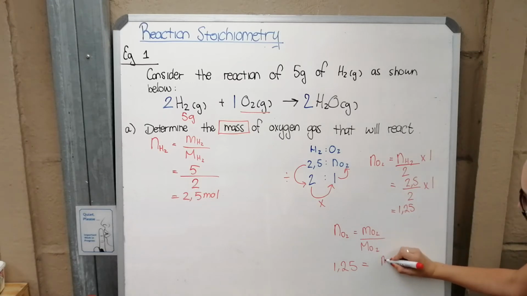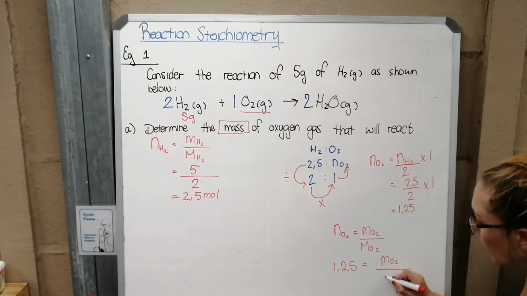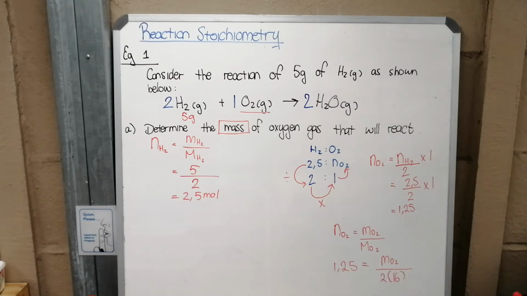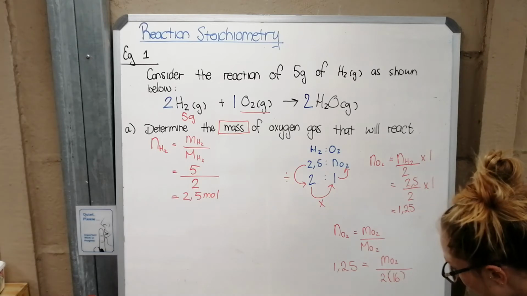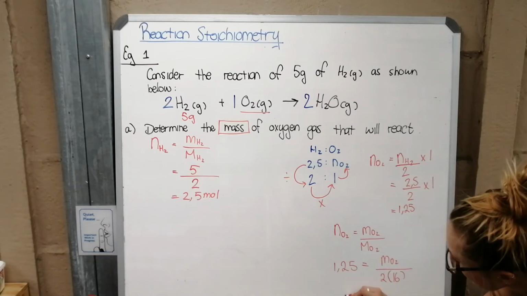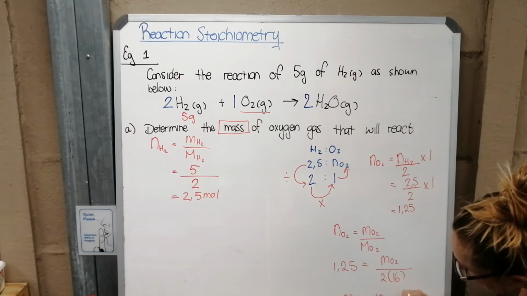We want the mass. And the molar mass is going to be twice the molar mass of one atom of oxygen, which is 16. Okay, so we're going to have 1,25 times 32. And we get 40. So the mass of O2 produced is 40 grams.